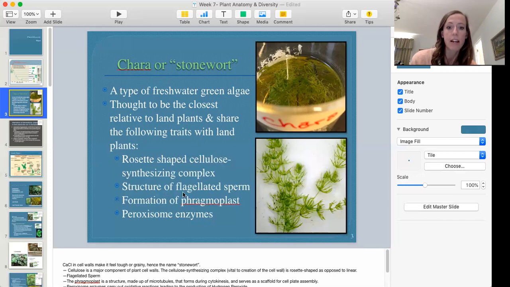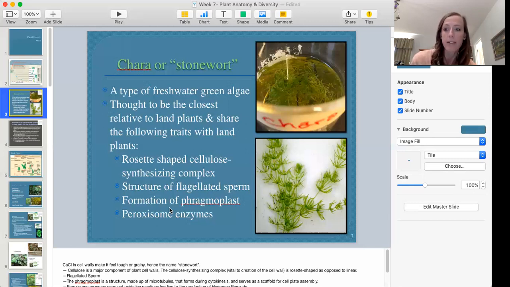Other things that Chara have in common with land plants are the structure of a flagellated sperm. As you'll see as we go through the talk, plants often reproduce sexually, and the sperm will have a flagellated tail. The structure of that is very similar between land plants and Chara. And then it also has a phragmoplast.